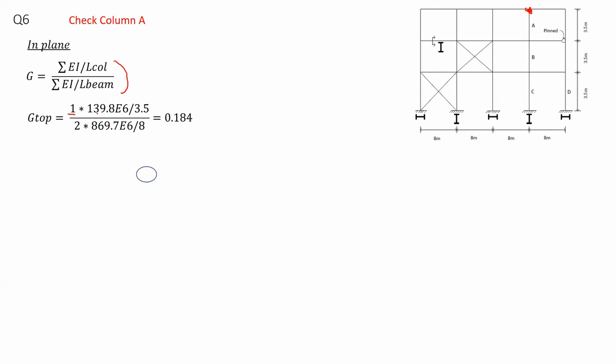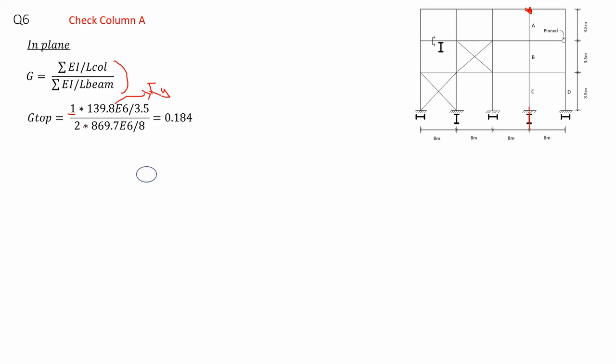And that 139.8 is actually which I? It would be IY. Now, how did I know that? Because the column is going to buckle about the y-axis, and therefore I substitute IY for the HEB 650, which is the section of the column. And I divide by 3.5 because of the length of the column.